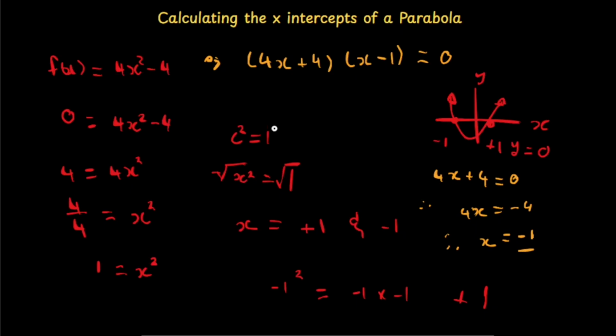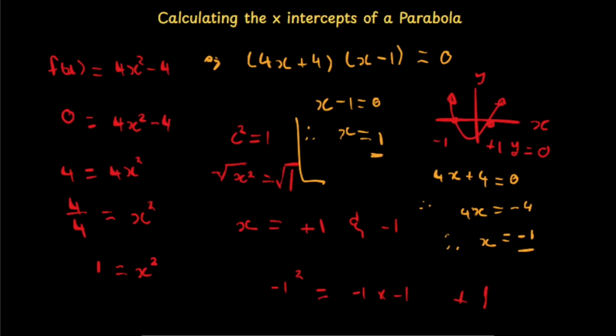If I come up here and I start working with x minus 1, I can say x minus 1 is equal to 0. Then I can say x is equal to 1, using some basic transpositions. And now you can see that I have obtained two distinct solutions for my x-intercepts. One is positive 1, the other is negative 1. And you can see that right here.